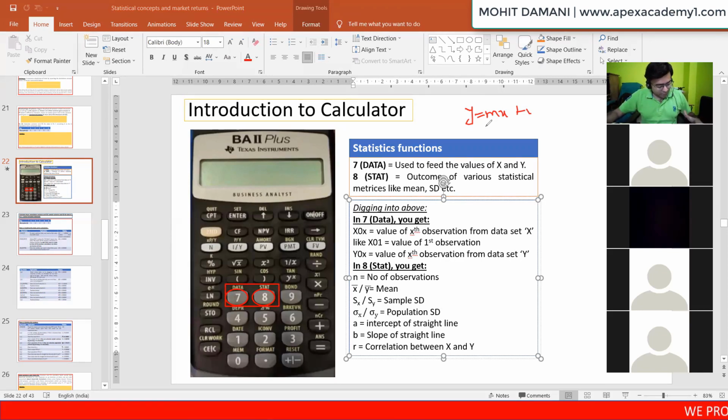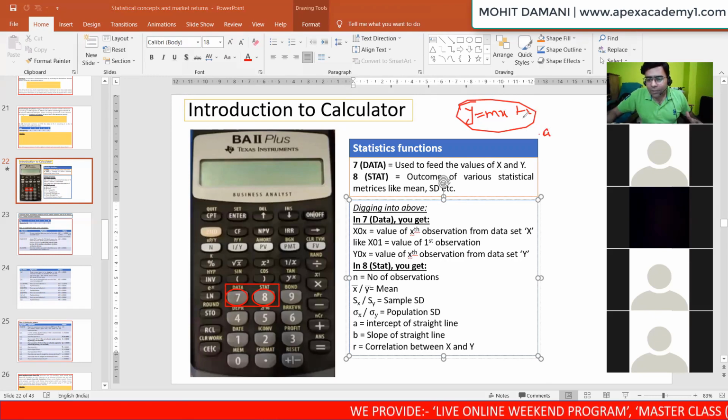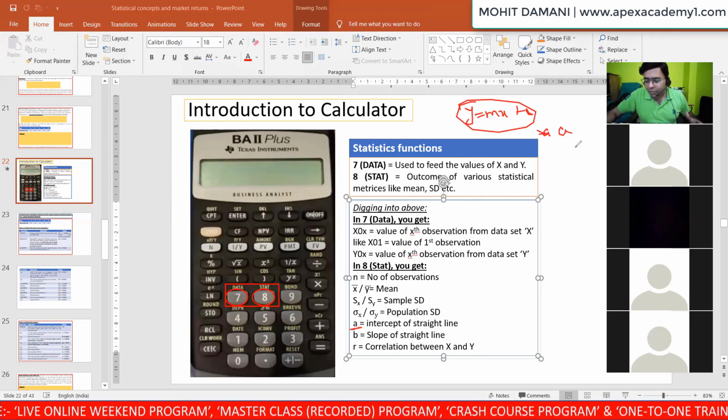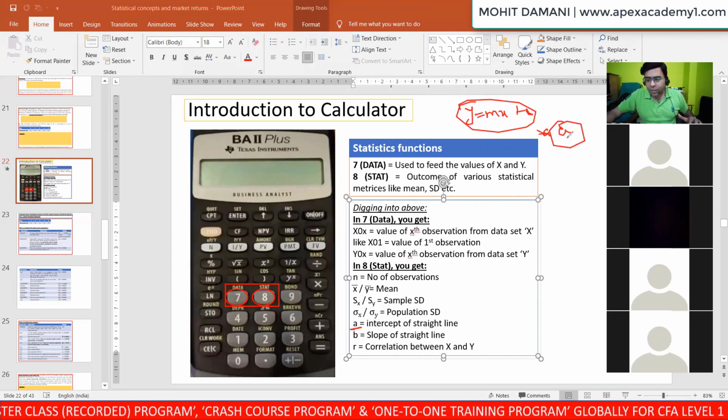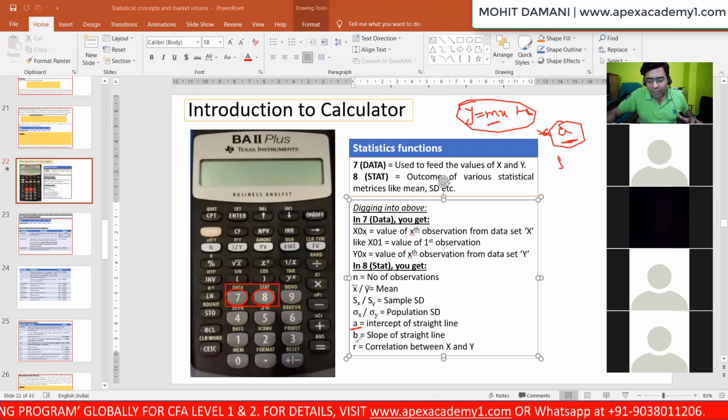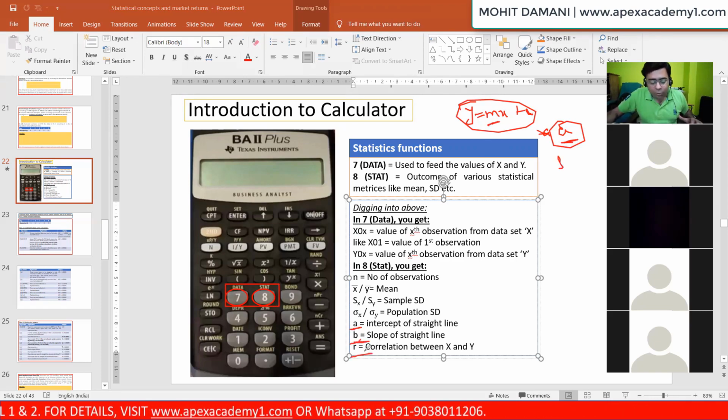In that, a stands for the intercept, while m stands for the slope, that is b over here, and r stands for your correlation.